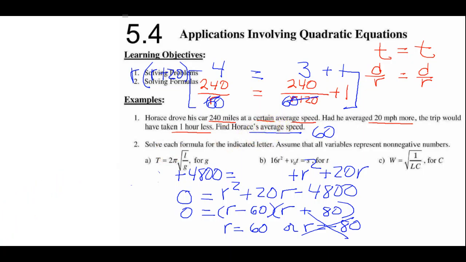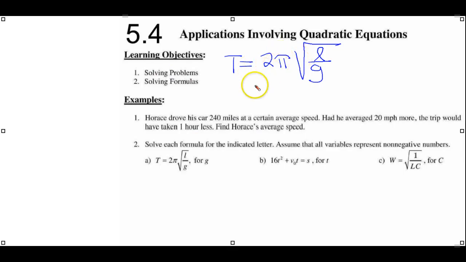Okay, let's go on to solving for some letters, and in this case we want to solve for the letter G. Now notice G here is under the radical sign. So, as we do, we want to isolate the term we're looking for.